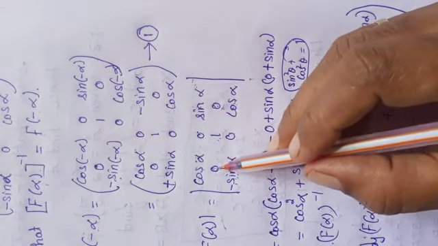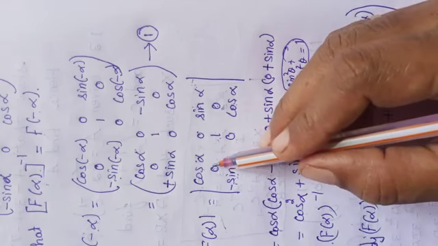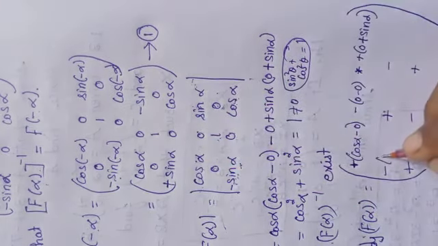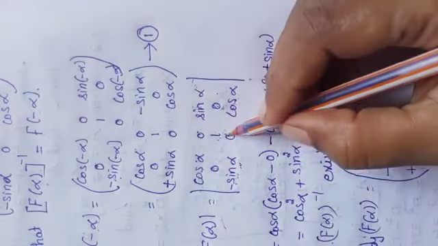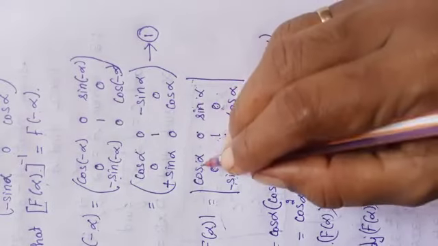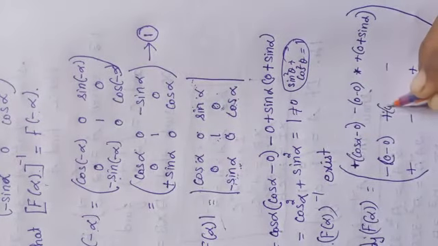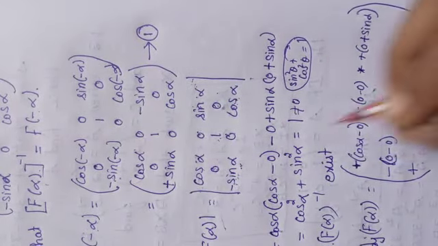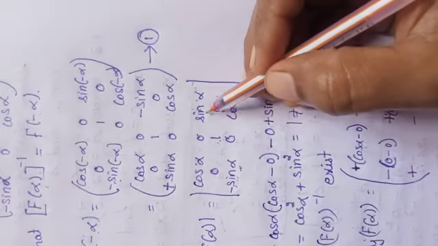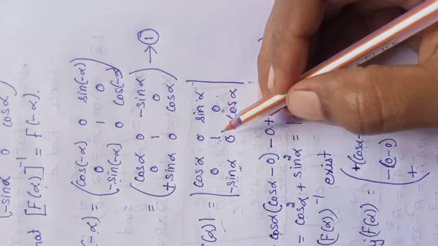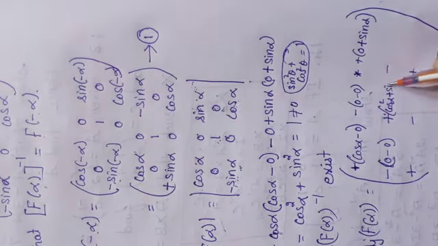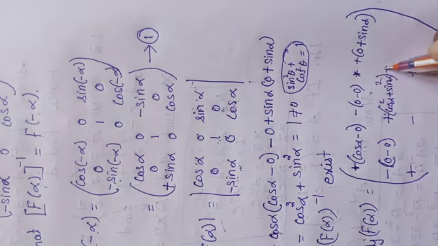For this position, leaving that row and column, these 4 values: 0 into cos alpha is 0, minus 0 into sin alpha is 0. And for the middle, leaving the row and column, cos alpha into cos alpha is cos square alpha, plus minus sin alpha into sin alpha is minus sin square alpha. Already we will be getting a minus here, so minus into minus is plus sin square alpha.